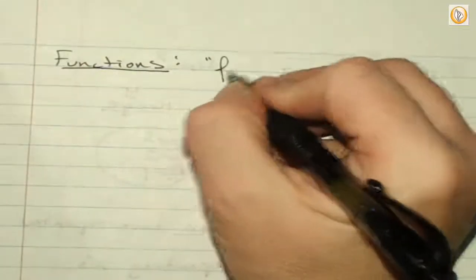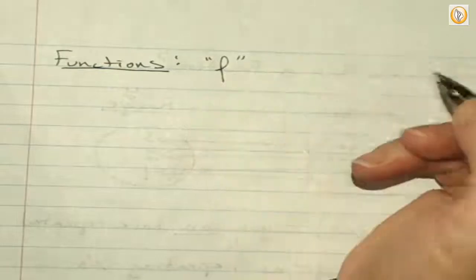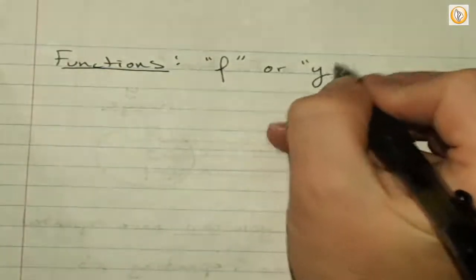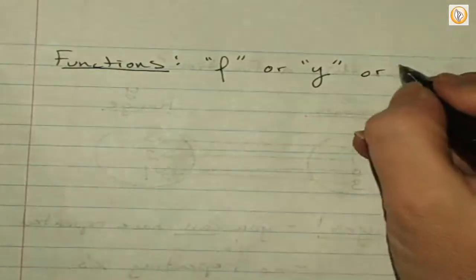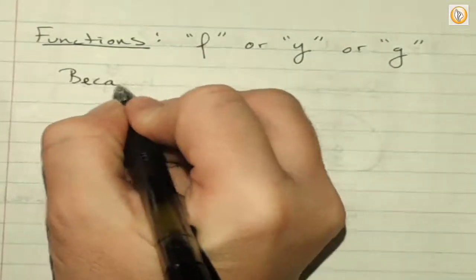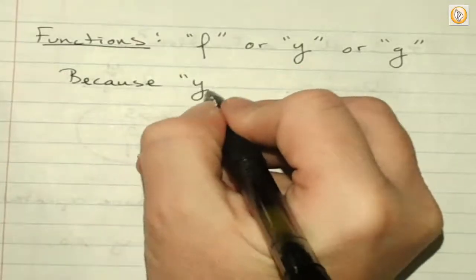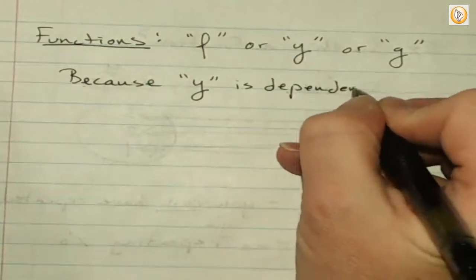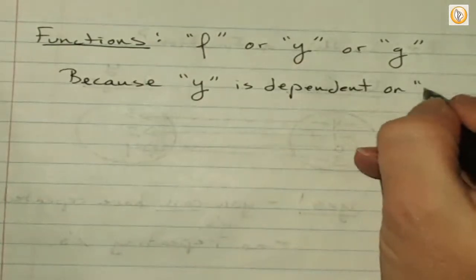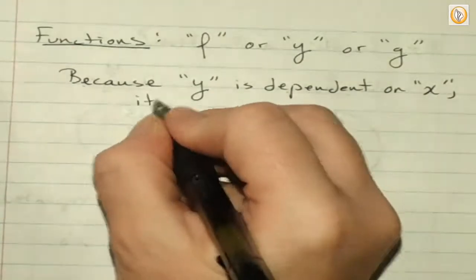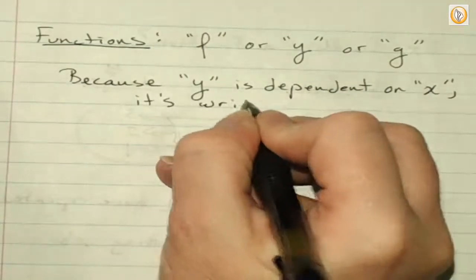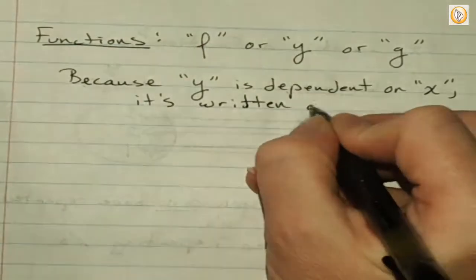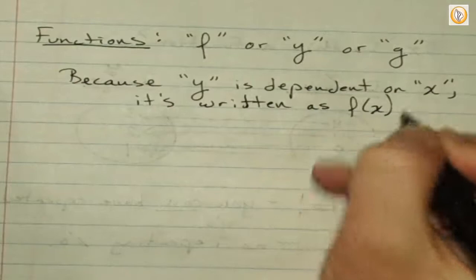They're sometimes going to look like an F or a Y or even a G. Because Y is dependent on X, it's written as f of x.